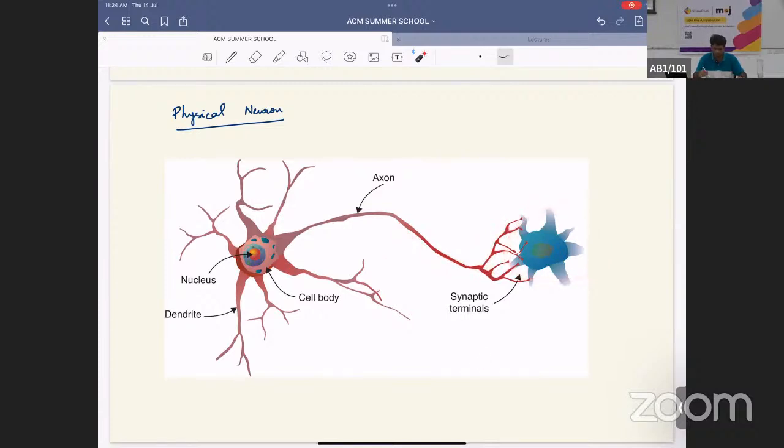The other neuron will receive this action potential in some form, integrate it, and decide whether to fire an action potential or not. Action potential is a binary phenomenon. If the summed potential is below a certain threshold, the action potential will not be fired. If it is above the threshold, an action potential will be fired.